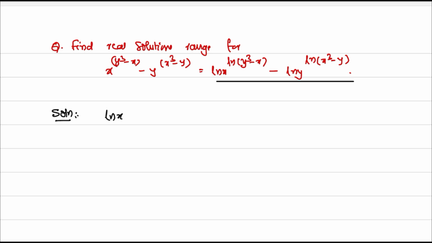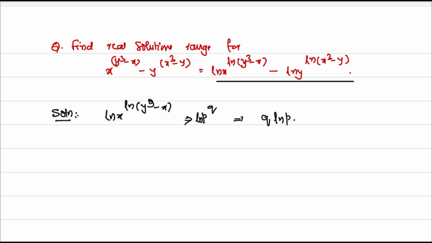Ln x to the power of ln y cube minus x. How to write it? It is in the form of ln p to the power of some q. When you have ln p to the power of q, it can be written as q ln p.